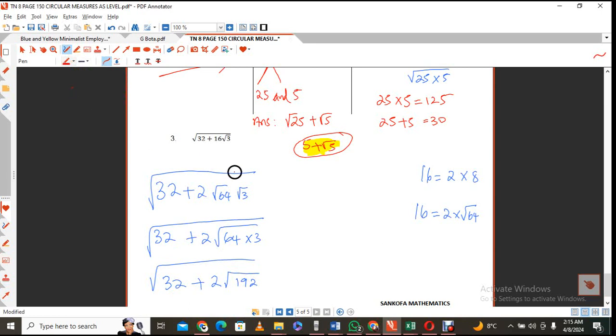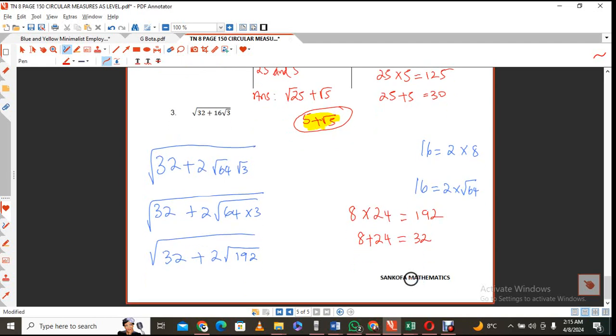Okay, it will take you trial and error, but the numbers are 8 and 24. When you have 8 times 24, you have 192, and 8 plus 24 gives you 32. So we said our answer would be the square root of 8 plus the square root of 24. Right, I'm going to finish this, but this is what I'm going to carry over to my other question.